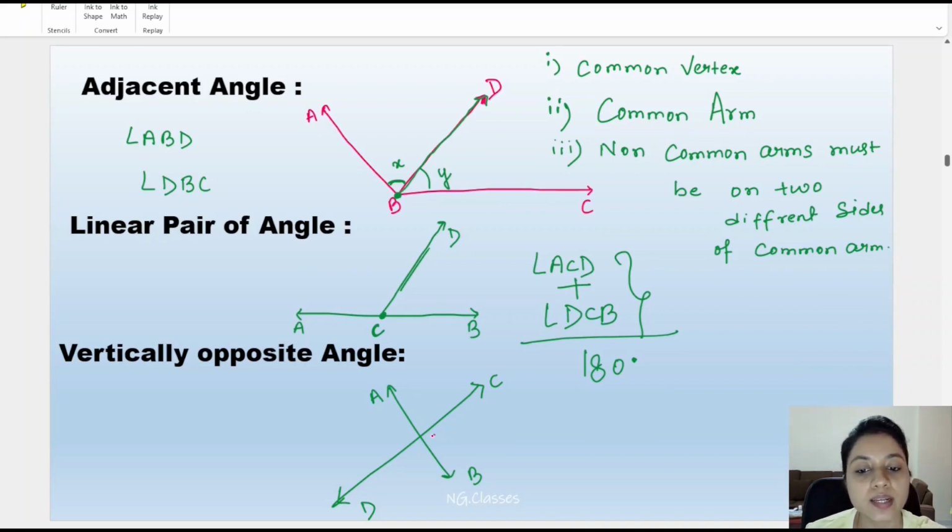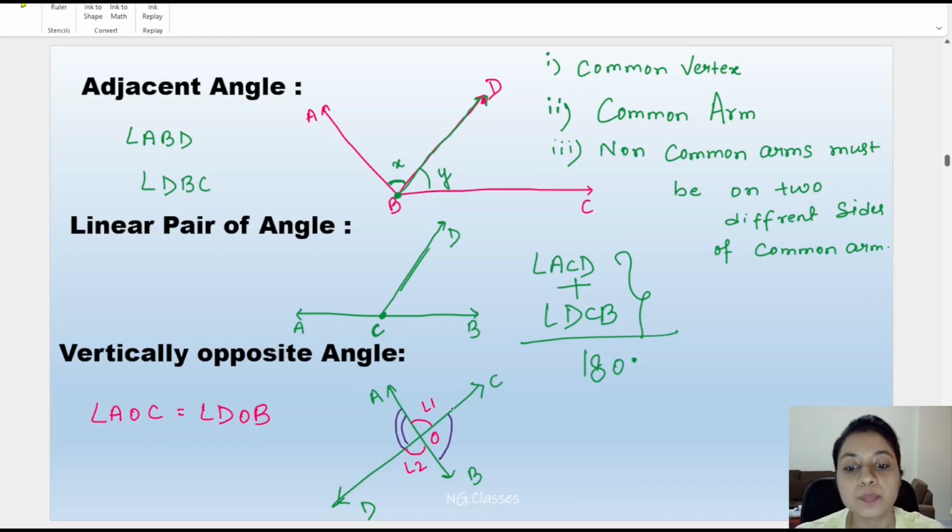So here angle AOC, let's say it's angle 1, and angle DOB, let's say it's angle 2, will be equal to each other and both are vertically opposite angles. Similarly, angle AOD, that means this angle, will be equal to angle BOC and both are known as vertically opposite angles.